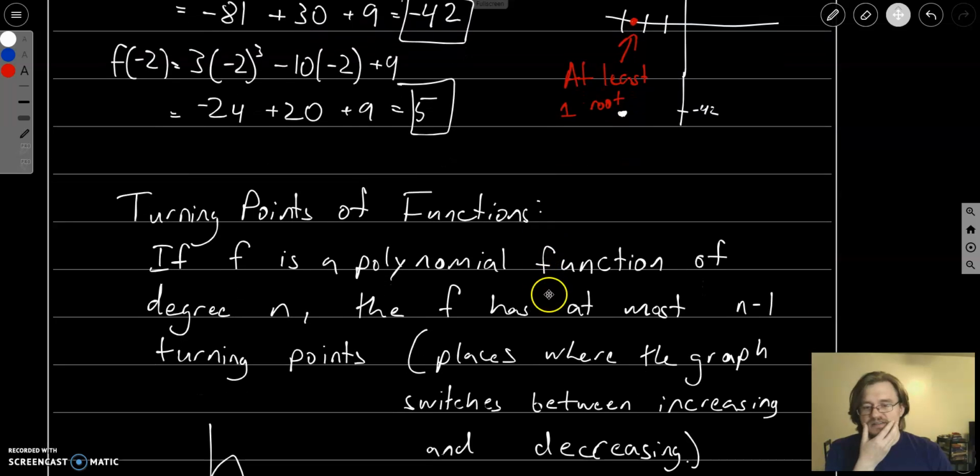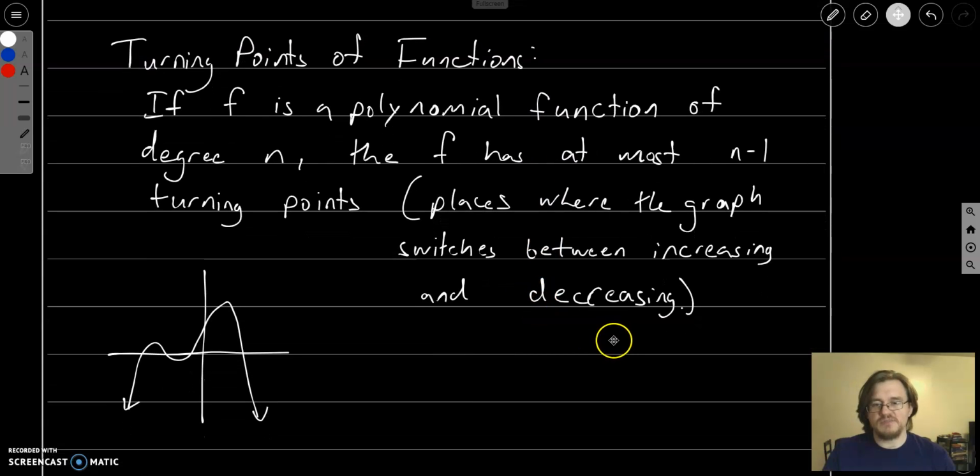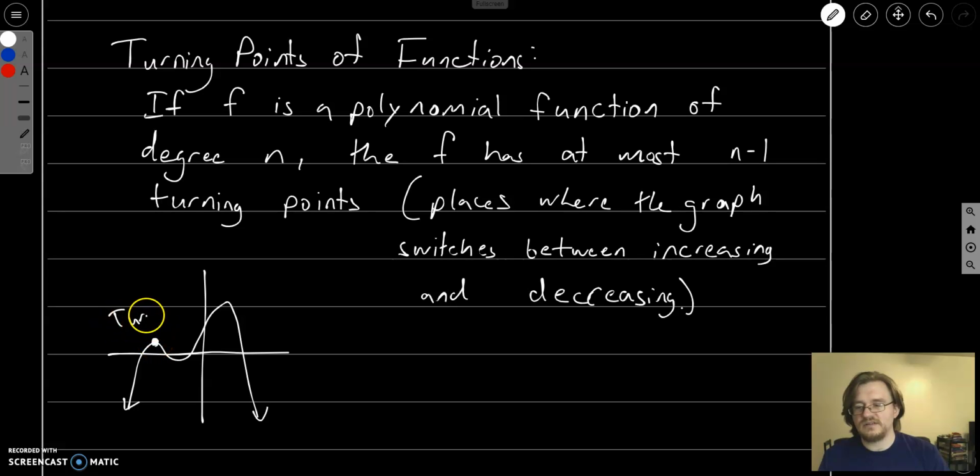So the last bit of how to draw a polynomial that we'll look at are turning points. And we're not going to look at this in very much detail, but essentially a turning point is where the function goes from increasing to decreasing. So for instance, here, this is called a turning point, because our function is going from increasing to decreasing.